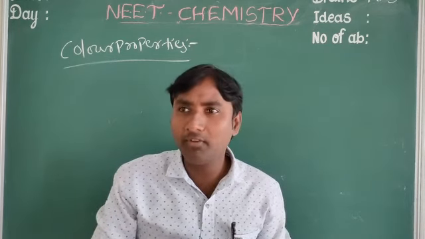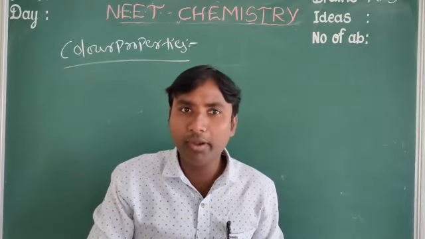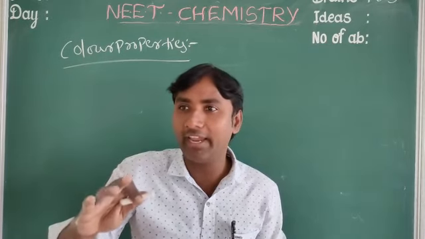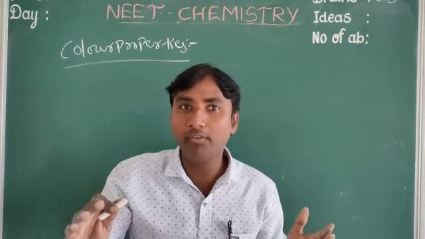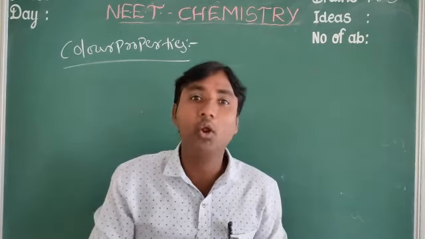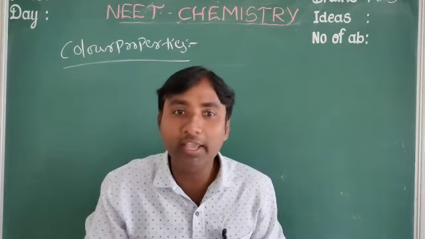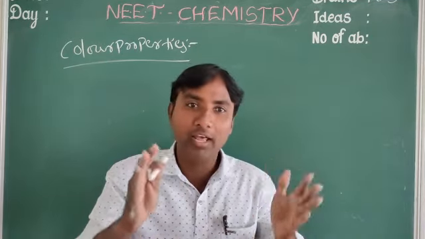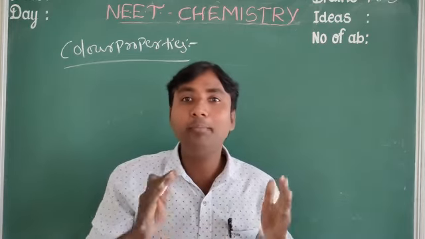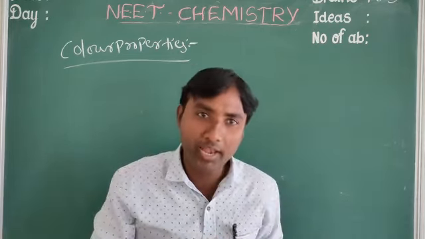Here d block elements means not completely filled, having d1 to d9. That means nothing but transition elements only. Transition elements exhibit color due to unpaired electrons present in the subshell.